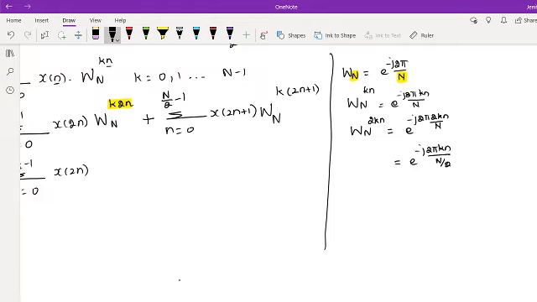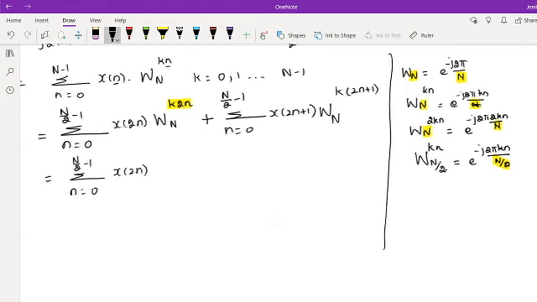So if this value is N, it is represented as N. Here, if it is N by 2, the W N on the left side is represented as W N by 2, and the actual formula e power minus j 2 pi is included, apart from the term kn.